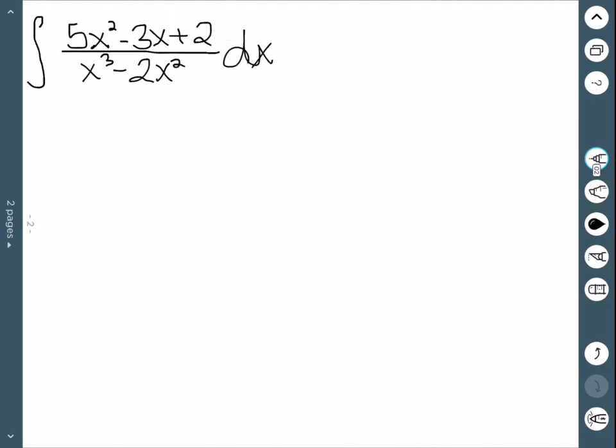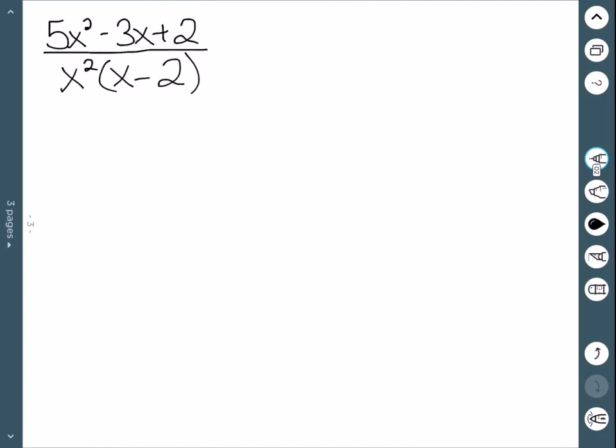Here is our first example, and this time if I try to factor the denominator, I can factor out two x's to get x squared times (x minus 2). The fact that that x term is repeated means on the right I have an A over x and a B over x squared.